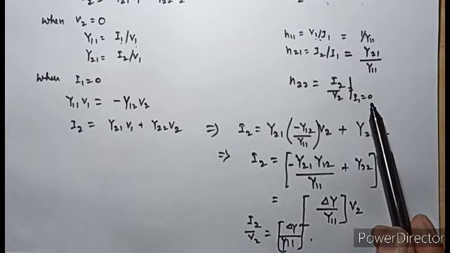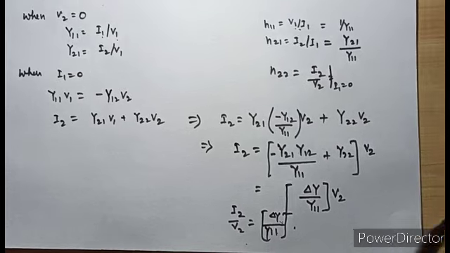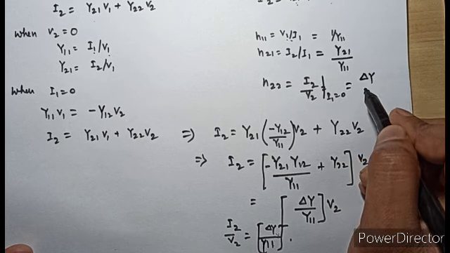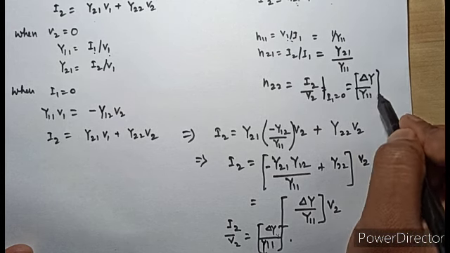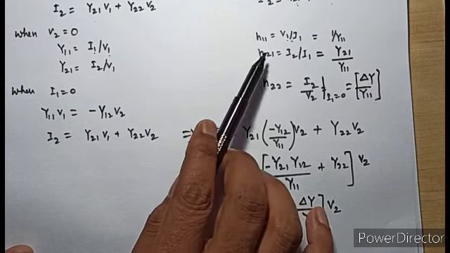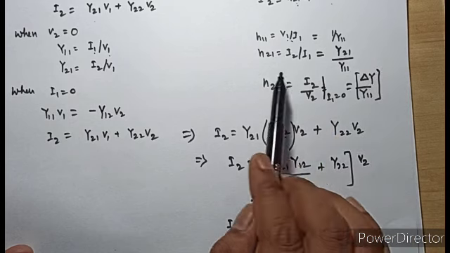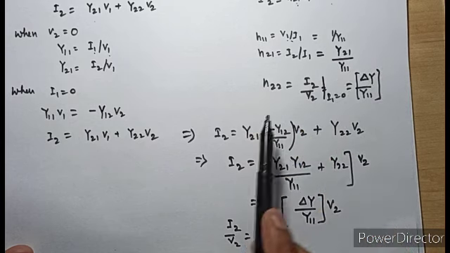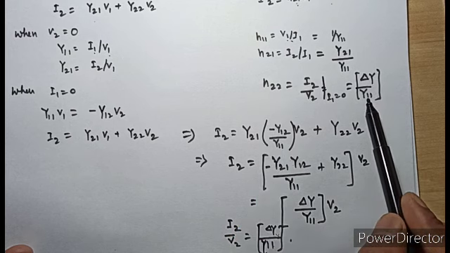And see, we have calculated I2 by V2 when I1 is 0 as delta y by y11. So our H22 will become delta y by y11. So we have H11 as 1 by y11, H21 as y21 by y11, and H22 as delta y by y11.